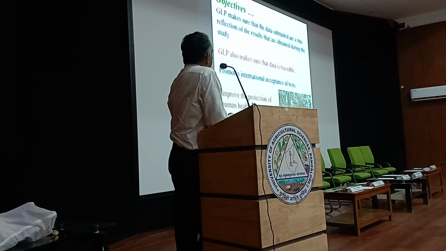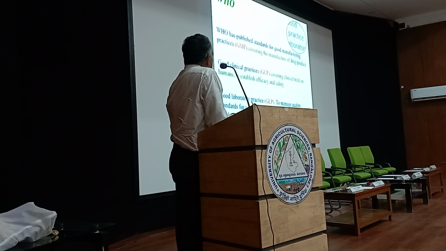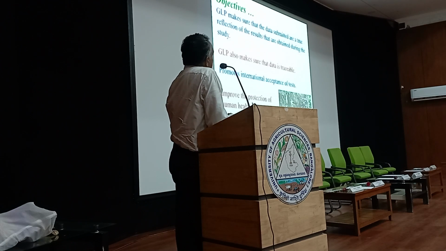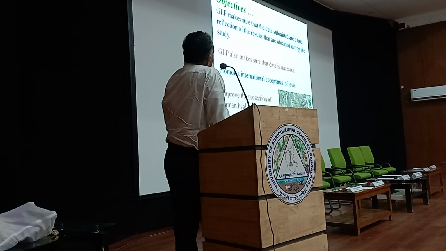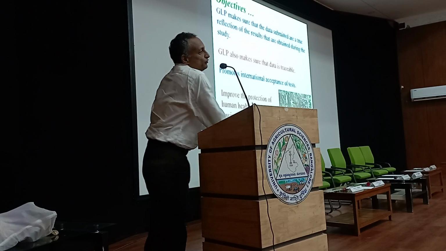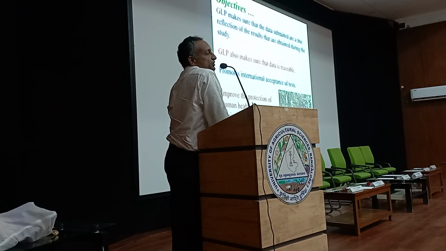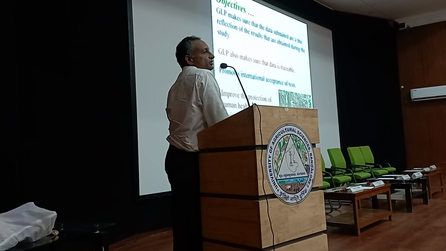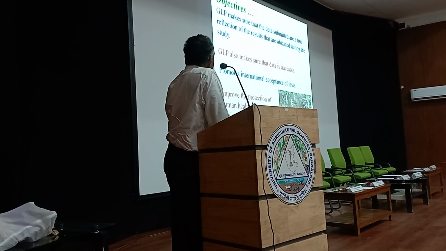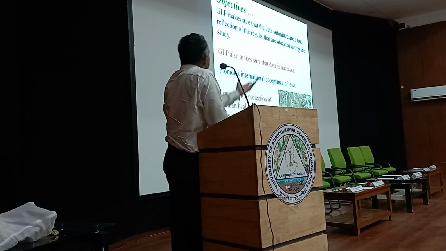So what is the objective of our GLP basically? The objective of GLP is to make sure the data are a true reflection of your experimental output, obtained in your master's or PhD study. Make sure that it is not accidental data.